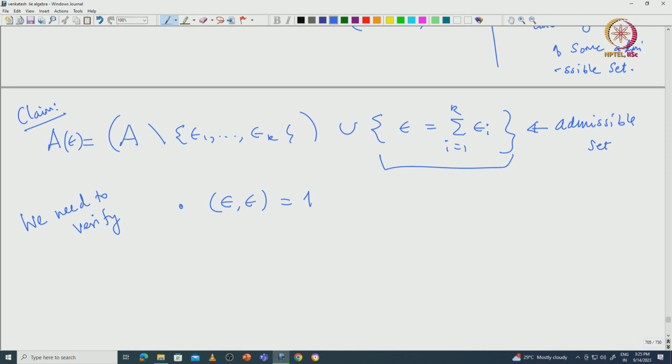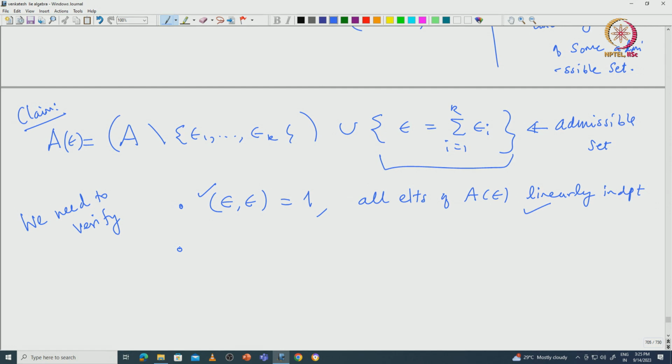That is one thing we need to verify, and all elements of A of epsilon must be linearly independent. This is obvious because A itself consists of linearly independent elements, and you have removed epsilon 1 etc. epsilon k, and then added one element from the span of the epsilon i. That will again make it linearly independent. So this is fine.